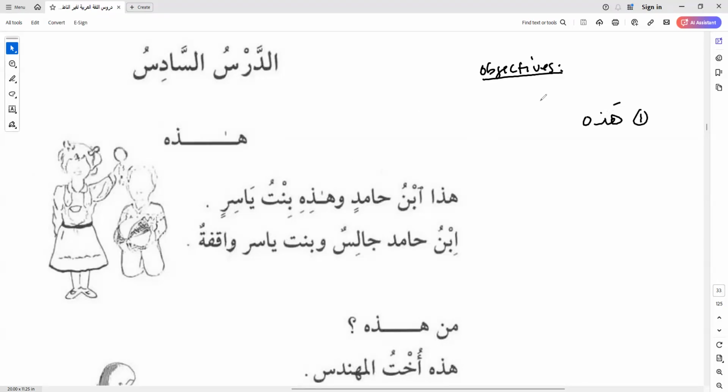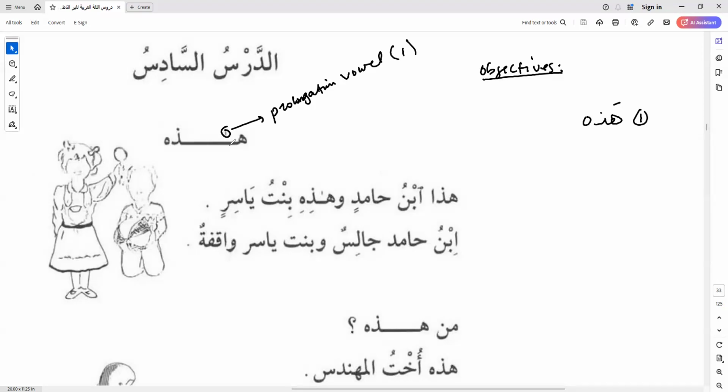هذه. Now watch here. We have what we call a prolongation vowel here, which is the alif. So it's going to be هذه. Again, this is the first time. Next time you see the هذه, the alif is not going to be written.